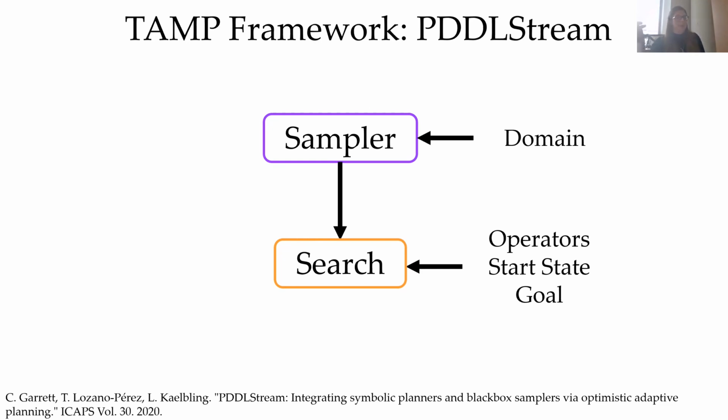Specifically, we use Fast Downward. That is a discrete planner that is going to search over different possible plan skeletons. What are the different sequences of steps that we can use? And credit to the AI planning community, they've developed really great domain-independent heuristics in order to be able to do this search very well.